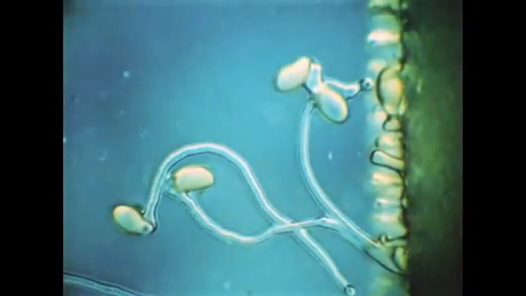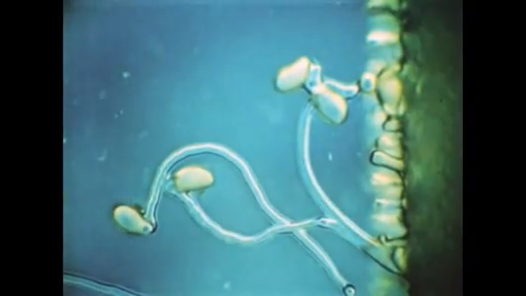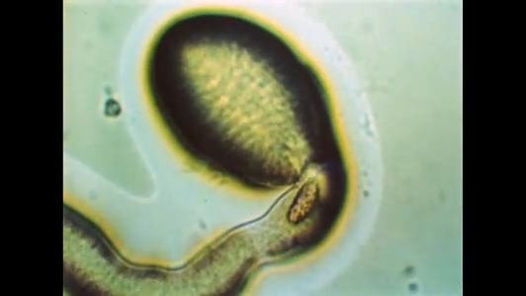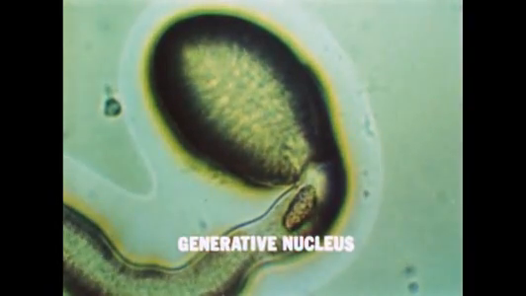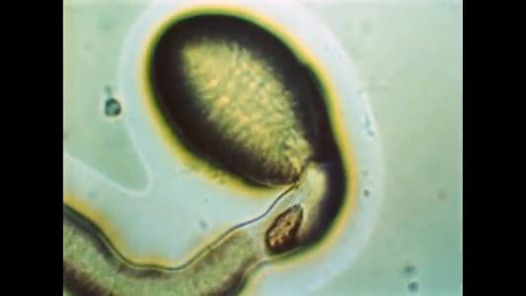Almost all the pollen tubes now grow toward the stigma. After pollination, an object within the pollen grain called the generative nucleus enters the tube and moves along toward the tip.